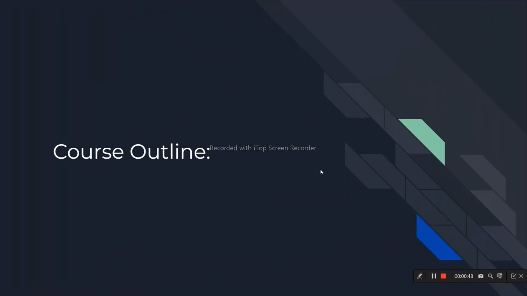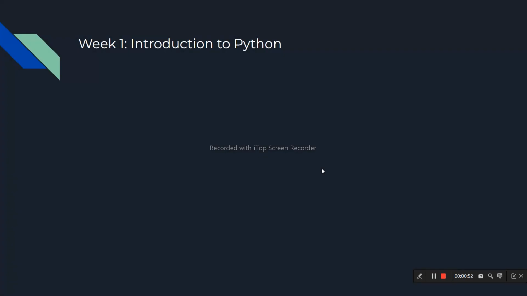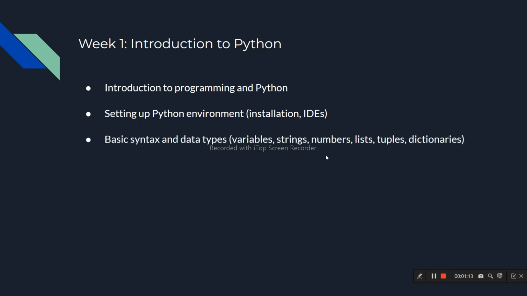So basically, the course outline for this particular masterclass will run for a period of 7 weeks. During the first week, we'll look at introduction to Python. That will be an introduction to programming and Python as a language. Then we look at how to set up a Python environment for programming.